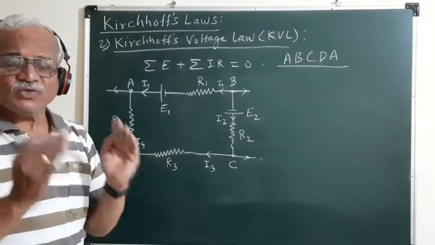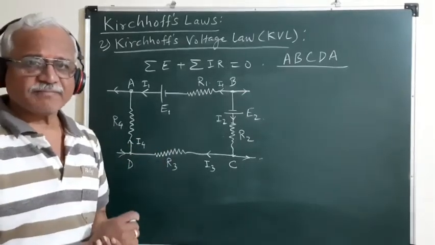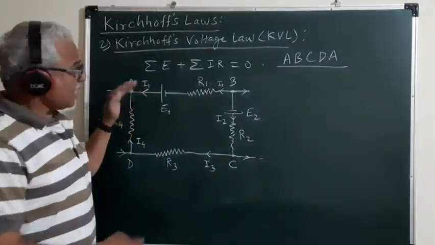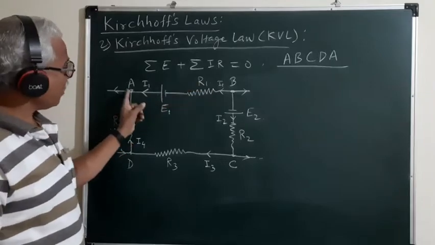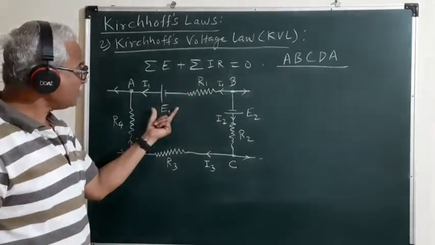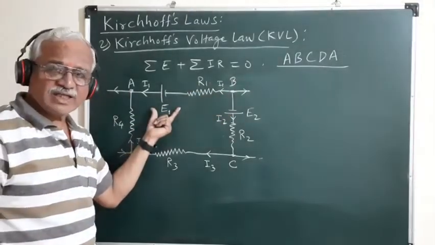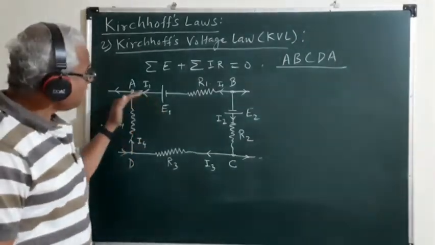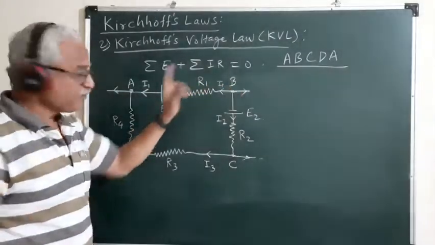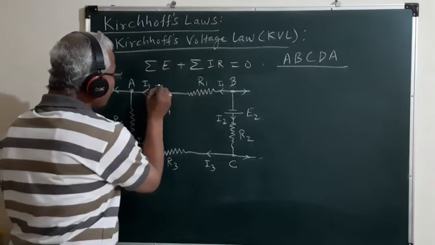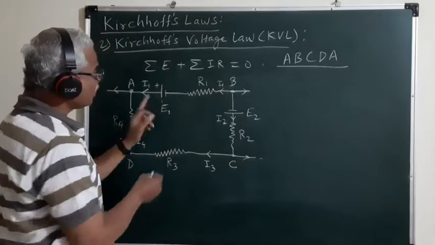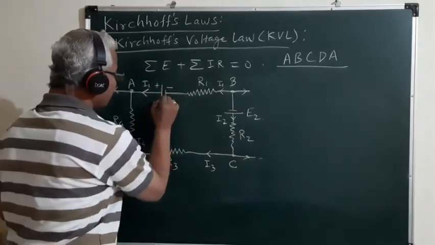So if we use this sign convention here, while traversing this branch from A to B, we have the source of EMF E1 in the path, and while traversing in this direction, we are moving from the positive terminal of the source to the negative terminal.